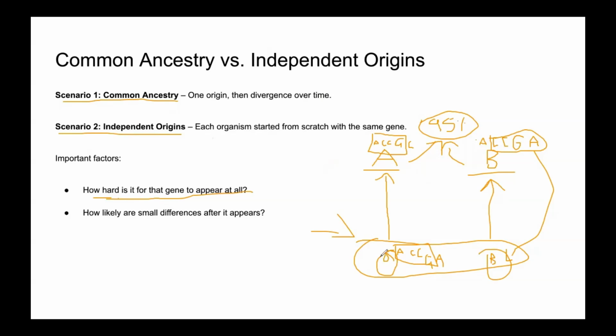Given the origin, how likely is it that subsequent changes are going to occur in future generations? So you have big A and big B, and we see that they have this change in one allele pair, in this case, it's C. But again, the point is that there are two major concepts here. The first is the origination probability, and the second is the transition probability.